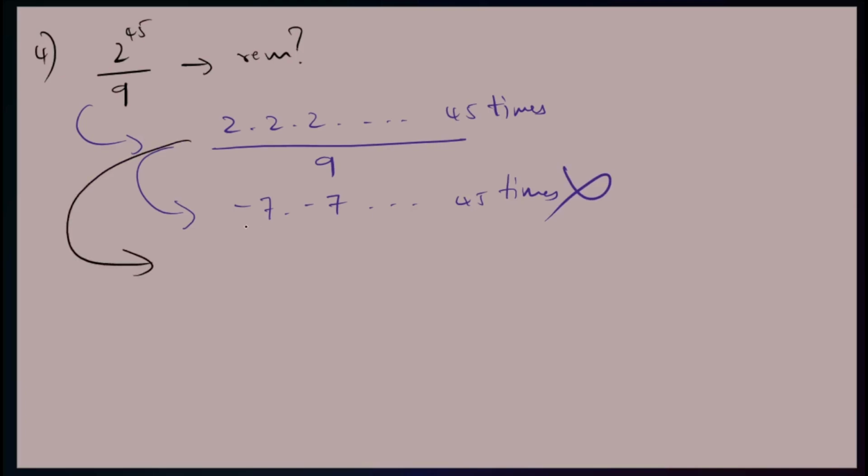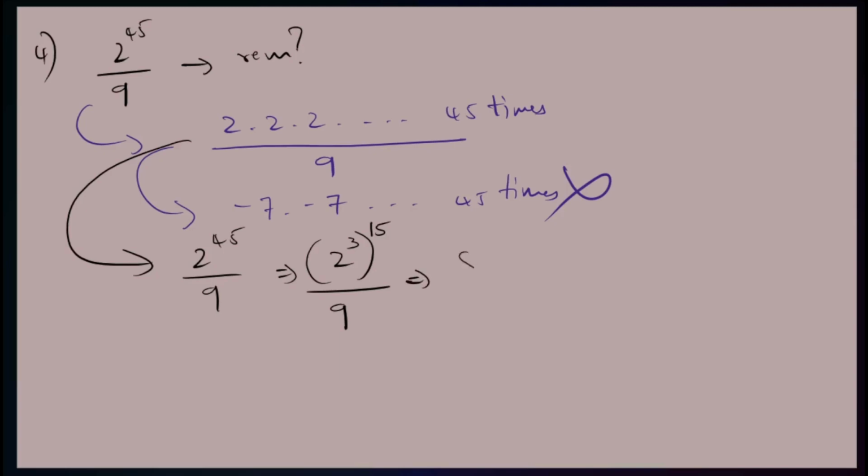So what can you do here? If I observe here, if I multiply 2 into 2, 4, 4 2s are 8. 8 by 9 will give me a negative remainder of minus 1, right? So multiplying minus 1 is easier, right? So I'll convert 2 power 45 as 2 cube, 2 power 3, so that I get 8 by 9. So 2 cube whole power, 3 times 15 is 45, 3 5s are 15.